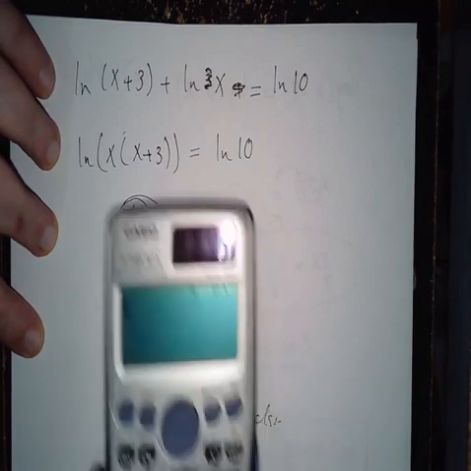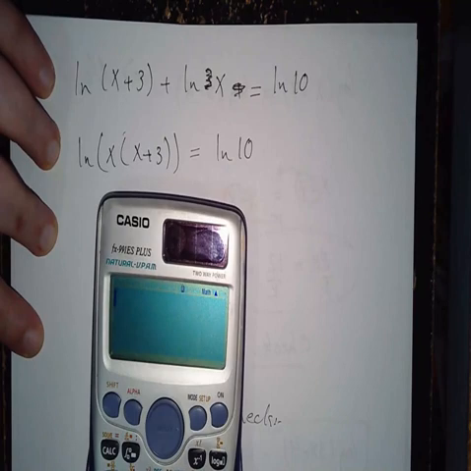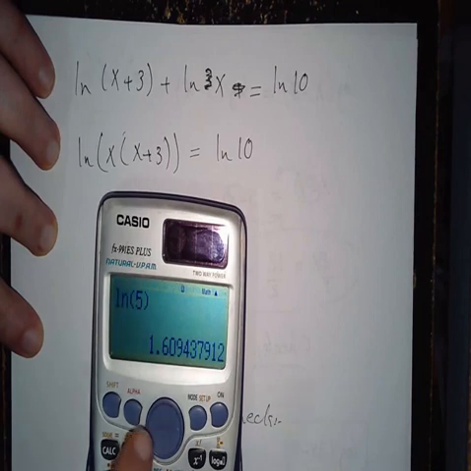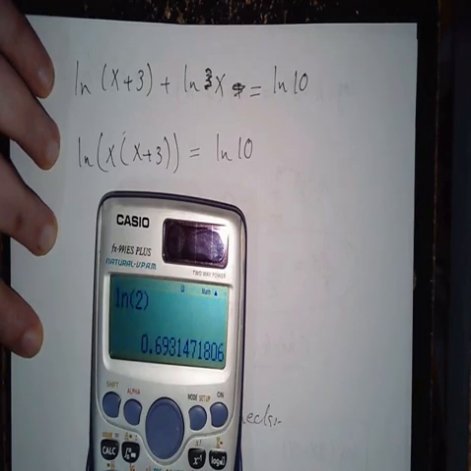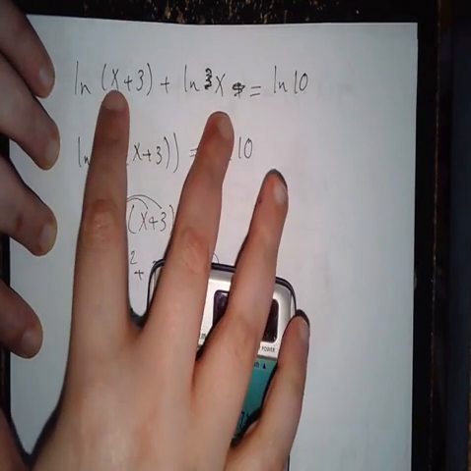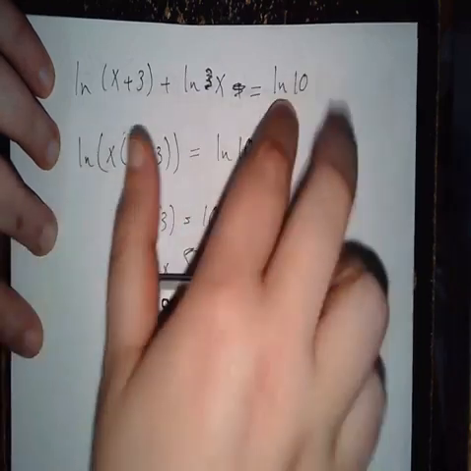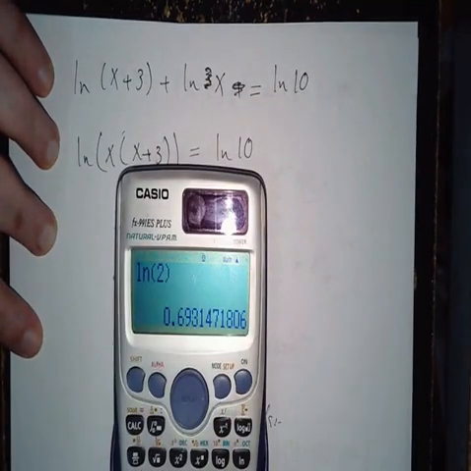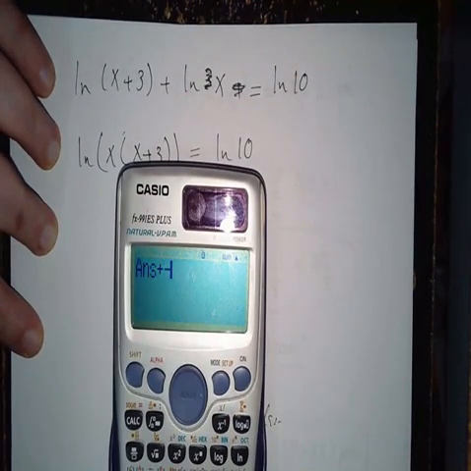Now let's try the 2. Here you go. 2 plus 3, so 5. There's an answer. We're good. Okay. Now, just a 2. We're good. And since it's multiplication, if I multiply these two together, it gives you a natural log of 10. But if you want to compare, here we go.